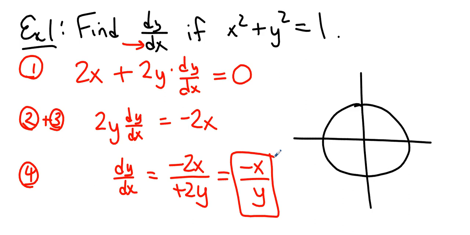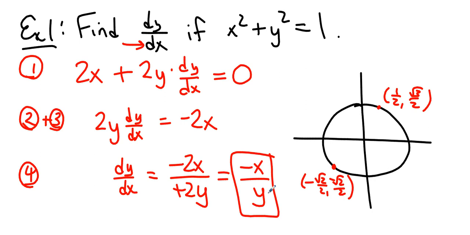What does that mean? That means if we want to know what the derivative is at this point, the derivative at this point is negative x over y. If we want to know what the derivative is at this point, it's negative x over y.